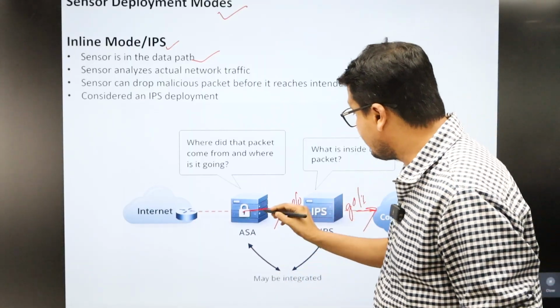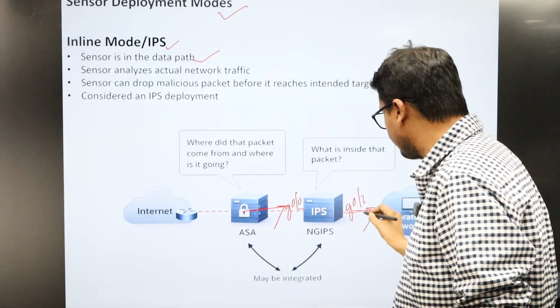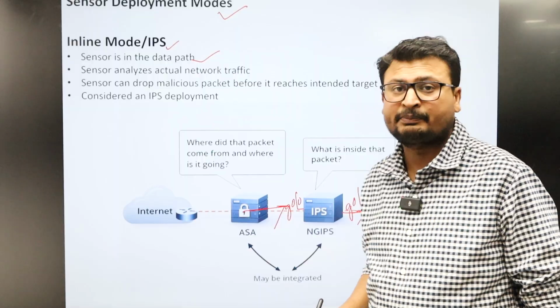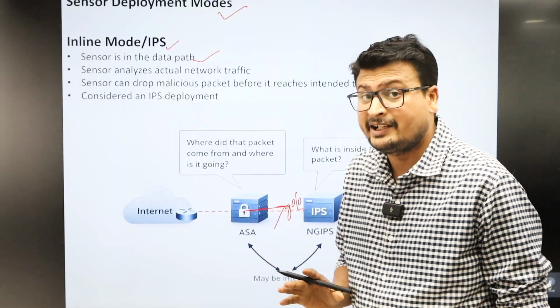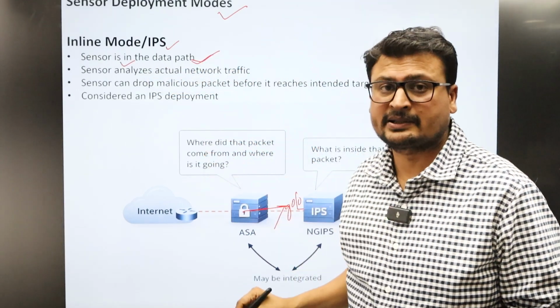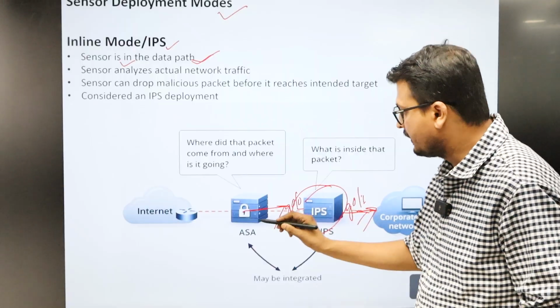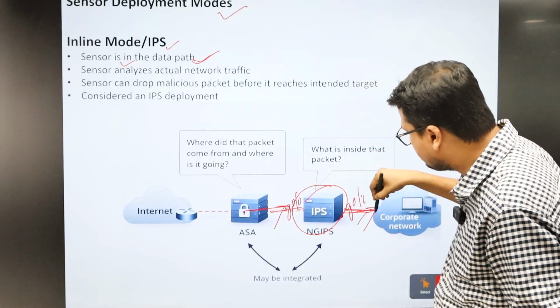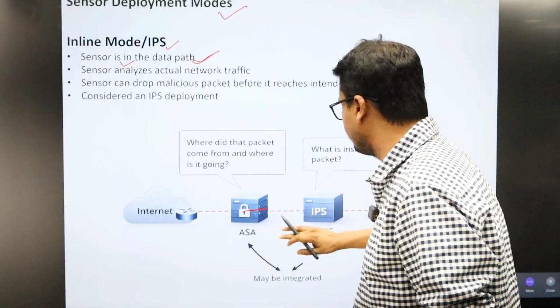So your packet has to enter through one interface and exit through the other. This type of packet passing through a device is called IPS deployment, not IDS. That's why we say the sensor is in the data path. It means the sensor is deployed in such a way that your data has to pass through the interface of your device. That's why we call it an IPS device.